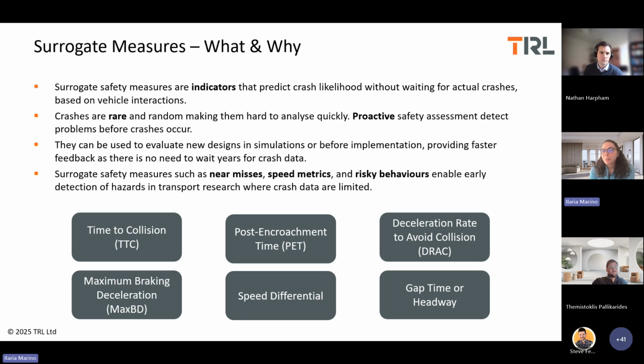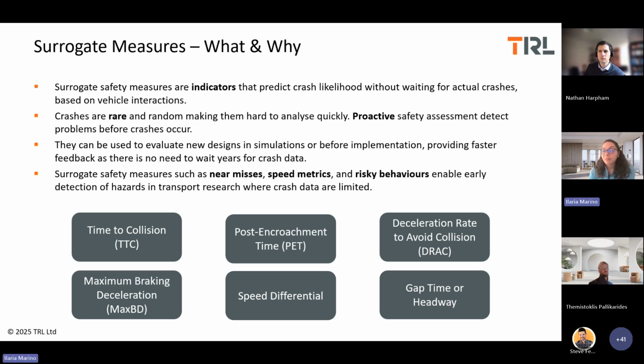There is also the post-encroachment time, which is the time between one vehicle leaving a spot and another arriving at the same spot. Deceleration to avoid collision. The name here is quite indicative: it is the deceleration rate needed for a collision to be avoided. And then we have the maximum braking deceleration. That's the highest deceleration observed during a potential conflict. So we feel that the common ground here is the conflict, so we often speak about conflict.